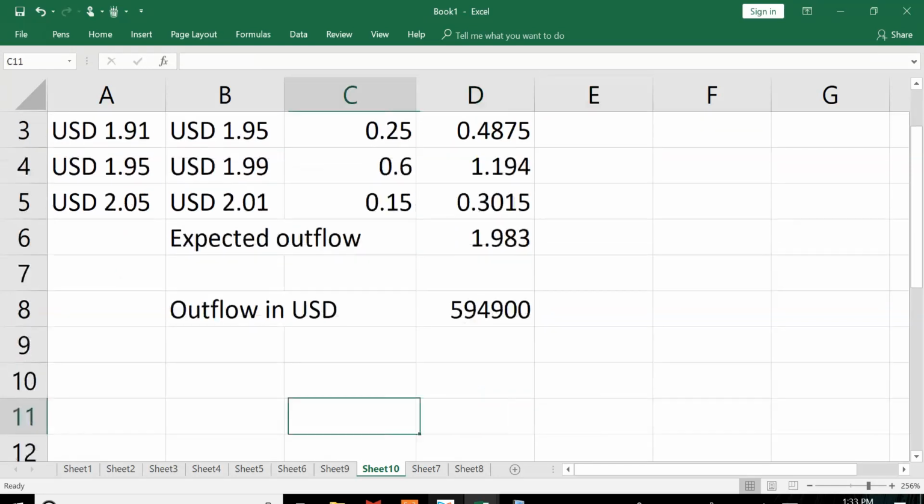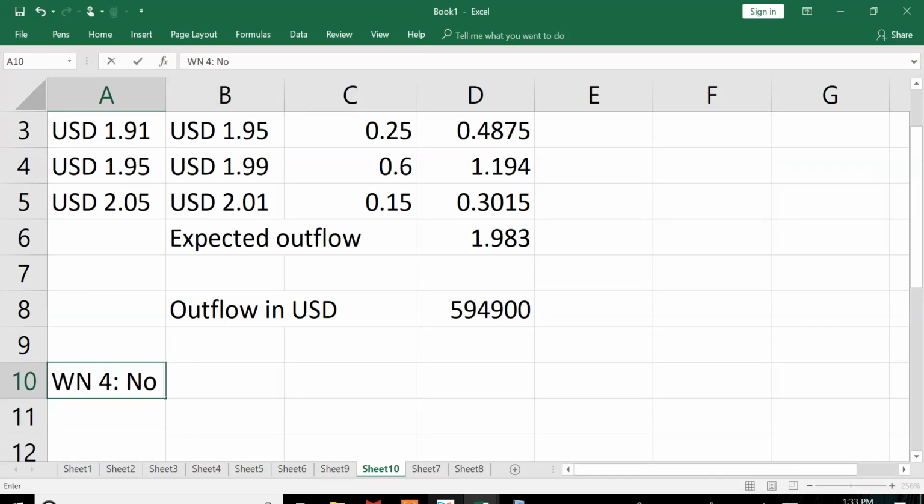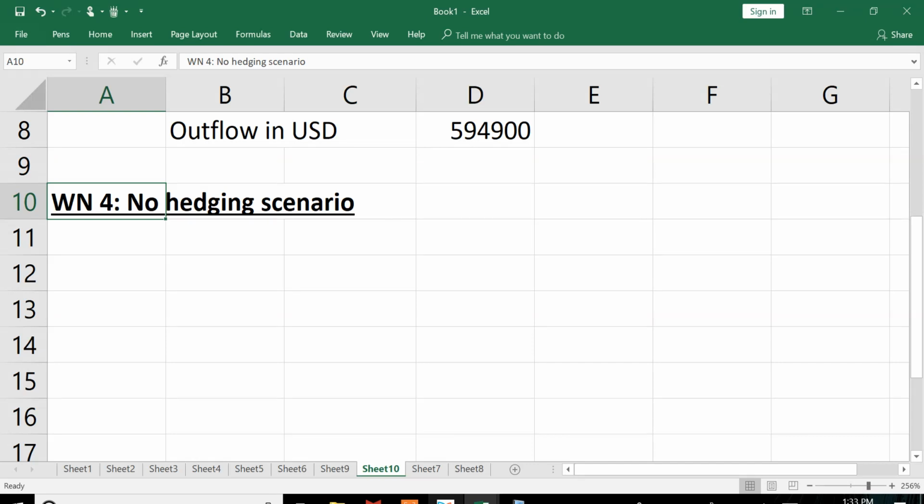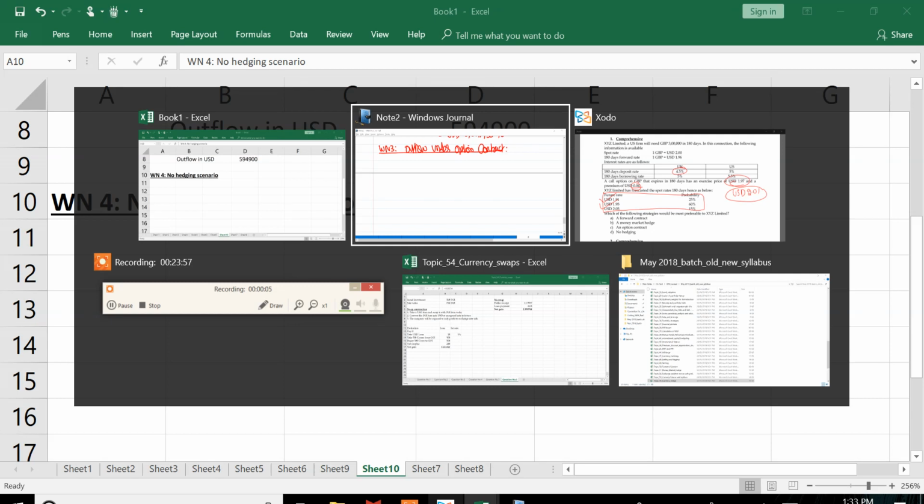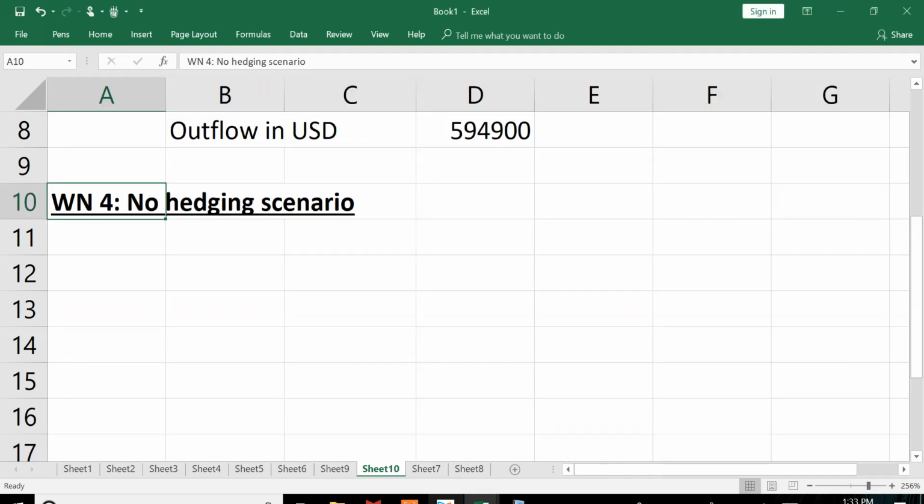Next, working note 4, no hedging scenario. Now, in a no hedging scenario, the company has to compute the expected spot rate, and based on that, we will get the expected realization.